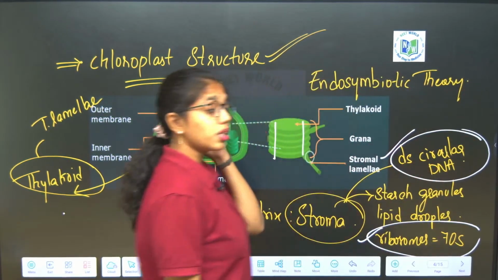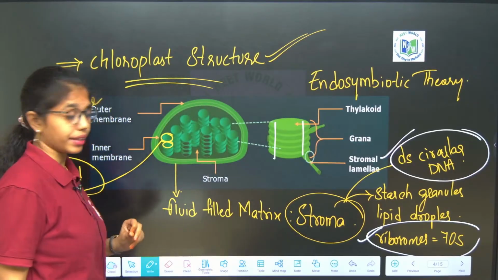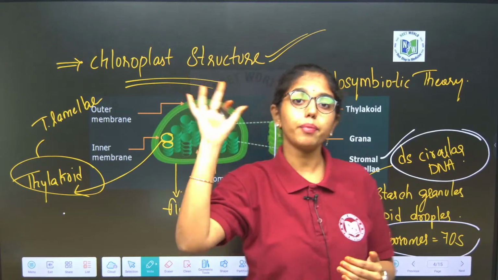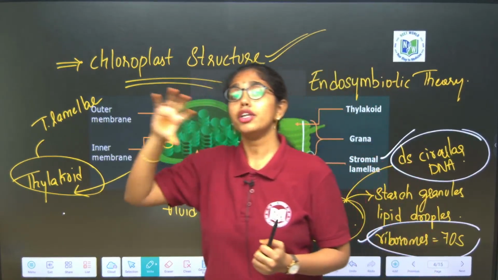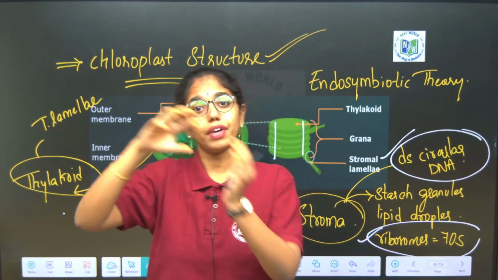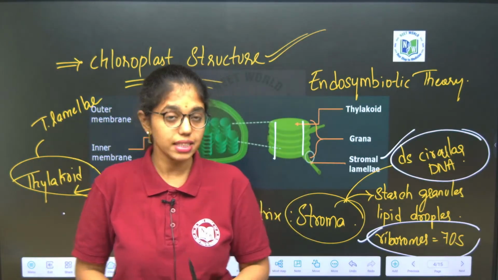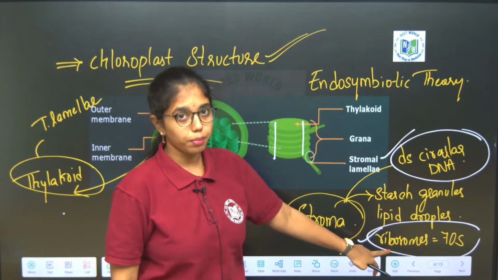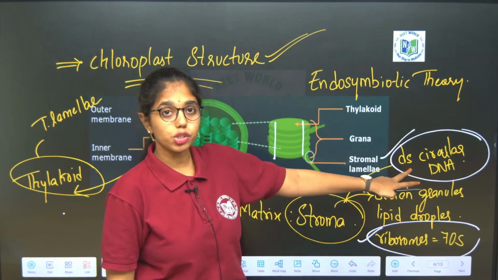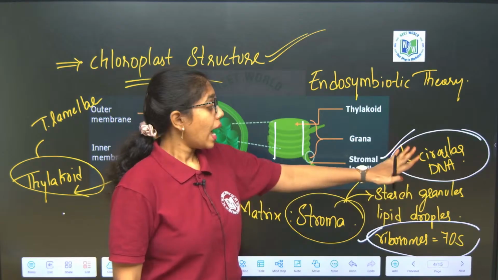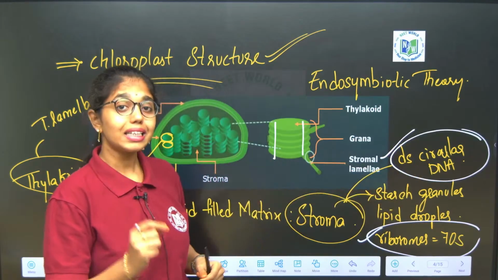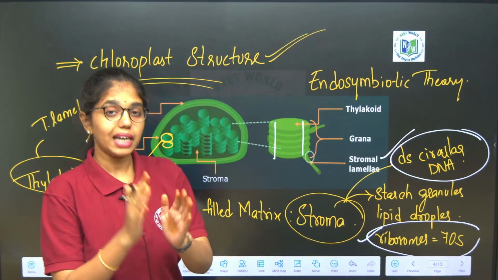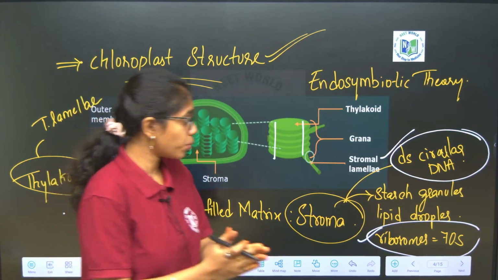In the endosymbiotic theory, it is evident that chloroplast and mitochondria were once prokaryotic cells, but in due course of evolution they entered eukaryotic cells and retained some prokaryotic features like 70S ribosomes and double-stranded circular DNA. We all know that the ultimate goal of DNA is to synthesize protein.